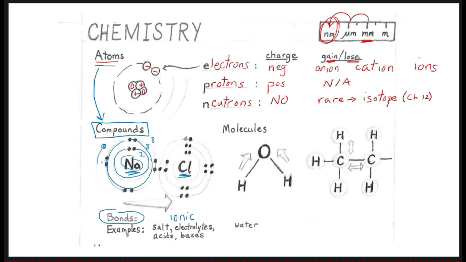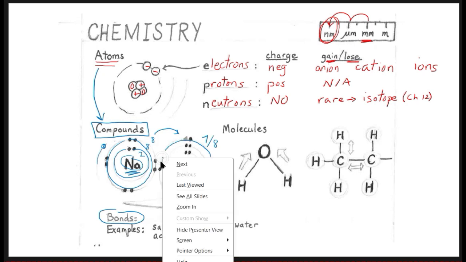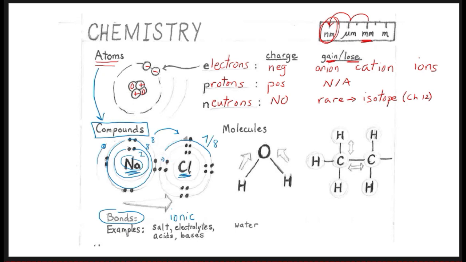But since atoms like to be stable with 8, that idea of the octet rule, usually what happens is it gives that 1 electron up to chloride, because chloride has 7 of the possible 8 electrons in that outermost shell, this one out here. And so it's going to add an electron right here. So we're going to steal it from sodium and give it to chlorine.